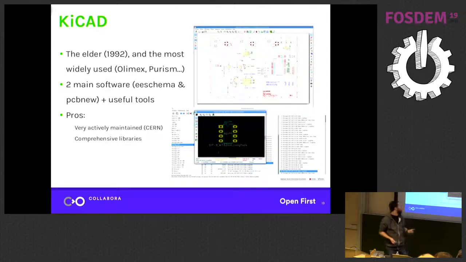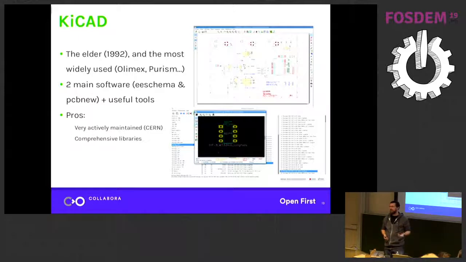The library by default is quite comprehensive, and it even includes valve, electron tube symbols and footprints. You have also lots of third-party libraries. As it is quite an old software, you have lots of people who have used it over the years, and you can find virtually any component.